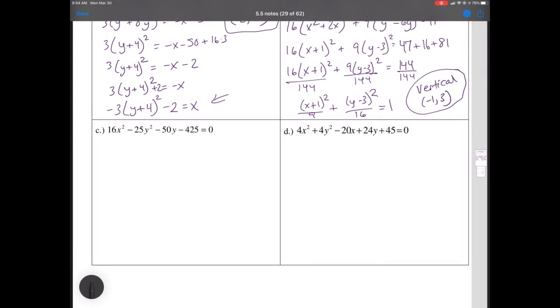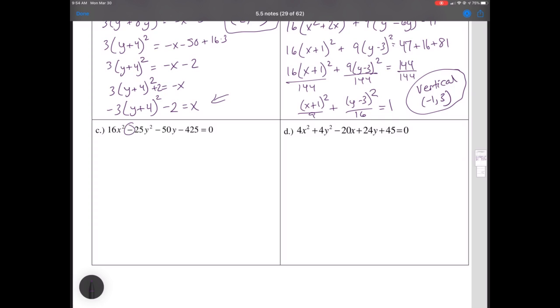So now we'll look at the next one. The next one is similar to the one that we just did with the ellipse, but the only difference here is now we have one that is a different sign.